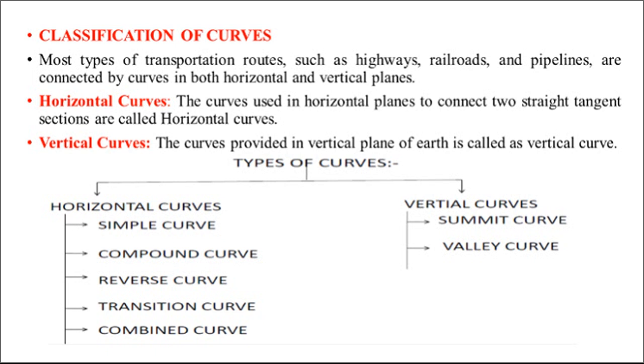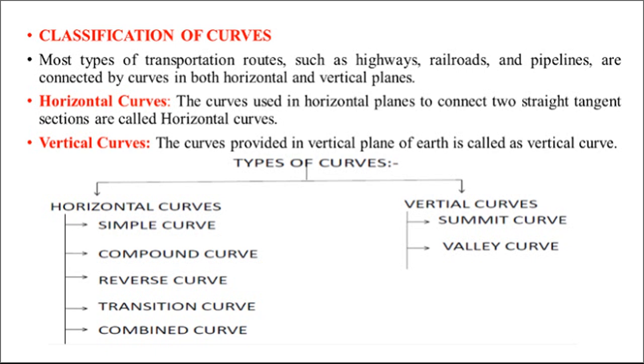So horizontal curve first, the curve used in horizontal plane to connect two straight tangent sections are called as horizontal curves, while vertical curves, the curves provided in vertical plane of earth are called as vertical curves.